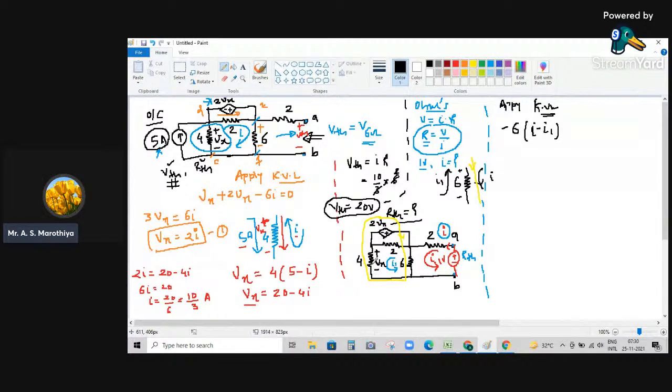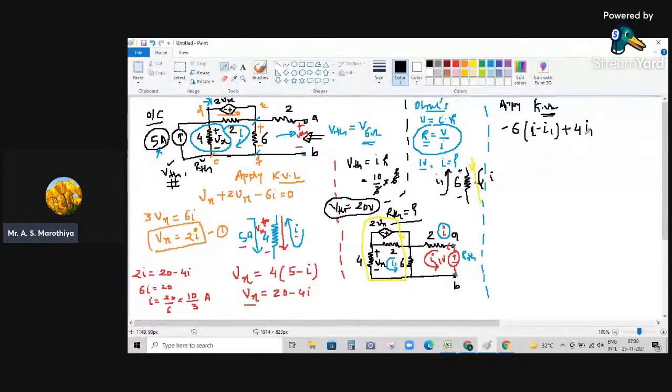In the same way, when we are moving through this resistor of 4 ohm, we are moving in this particular sense. Now the actual current is in this direction, that means I1, and we are experiencing a voltage rise. So here we take this as plus, and this is going to be 4 into I1.